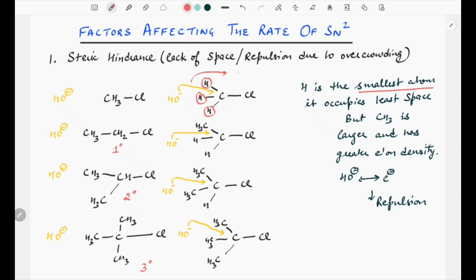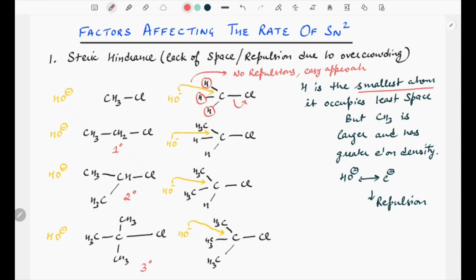So in this case no repulsions occur. That means there is easy approach. It can go through the yellow path and knock Cl out of the molecule.